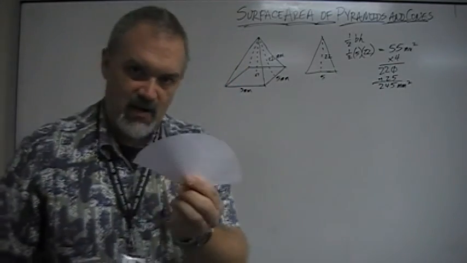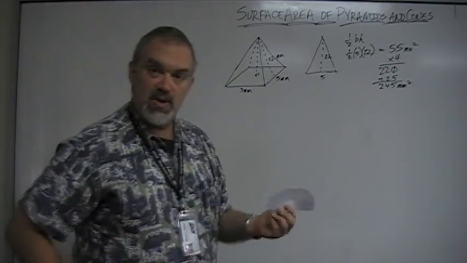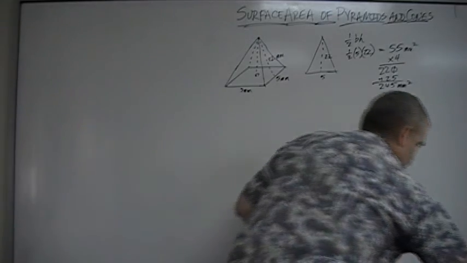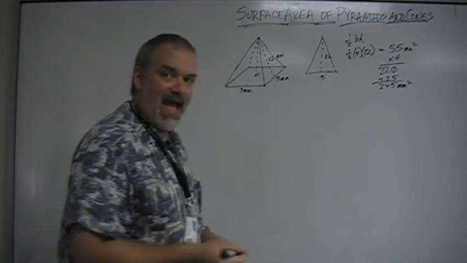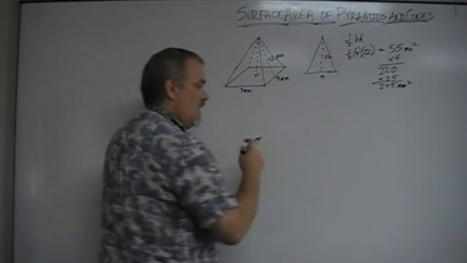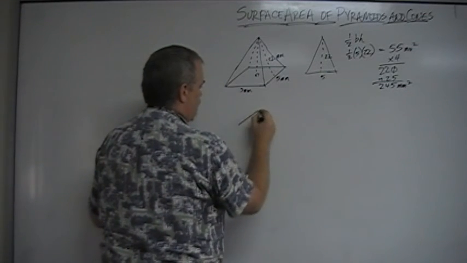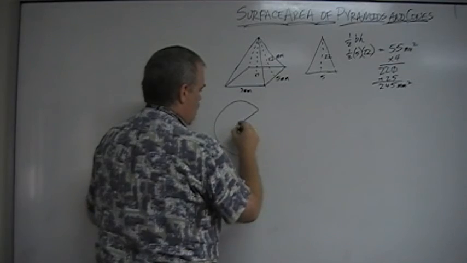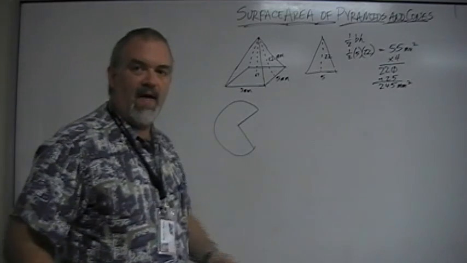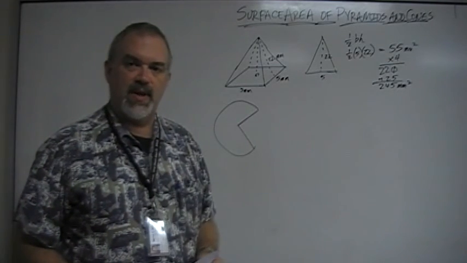Now the question is, how do we figure that out? And here's what you need to think about. Let's say that I have a sector that I'm going to turn into a cone. How did we figure out the area of a sector when we were doing that previously?